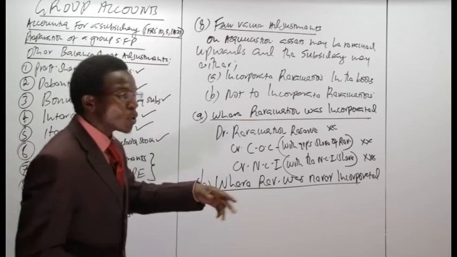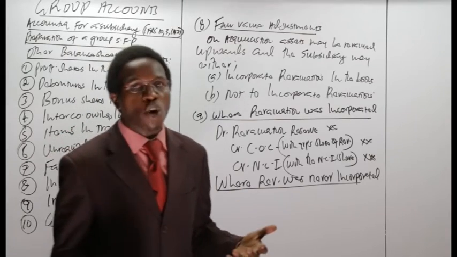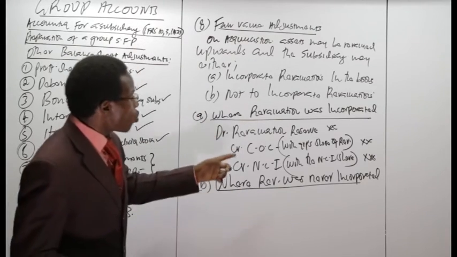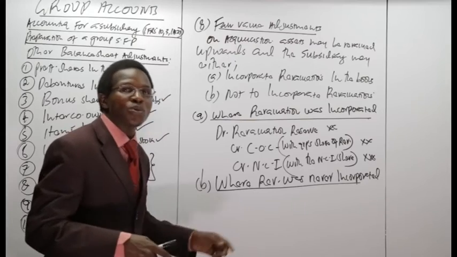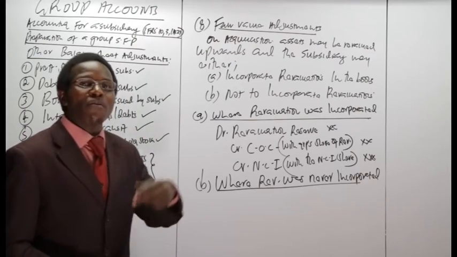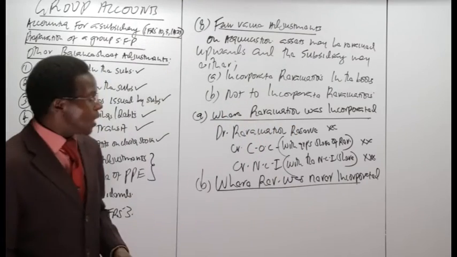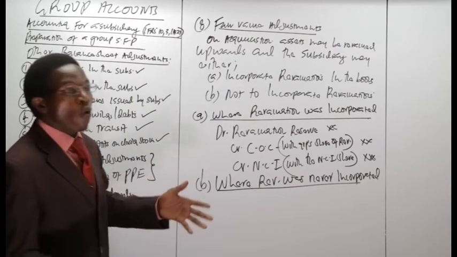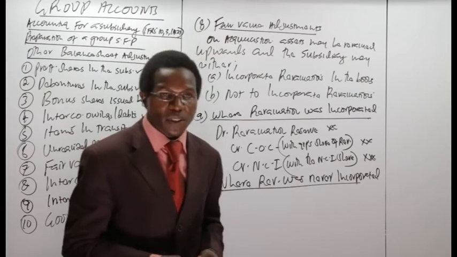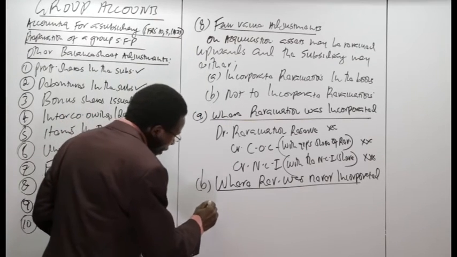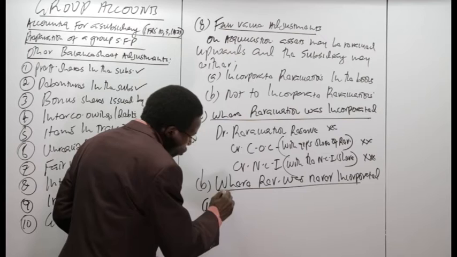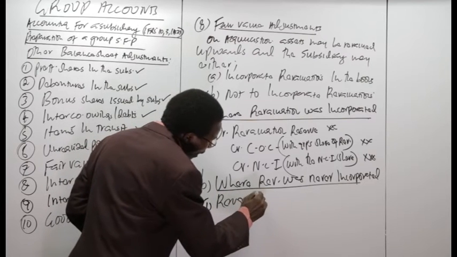If revaluation was never incorporated, which is very, very common, friends, then you must increase the asset to its revaluation. That revaluation reserve will be treated as a pre-acquisition item. Then there will be a depreciation adjustment. So Roman 1, you must carry out the revaluation adjustment.